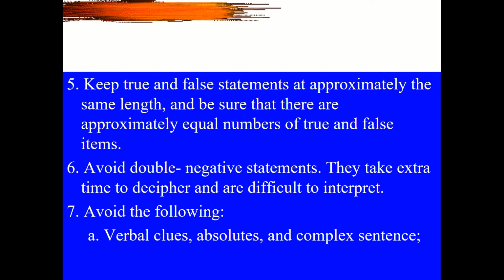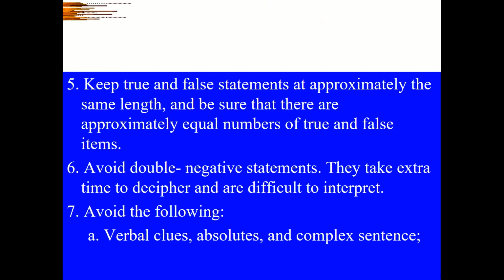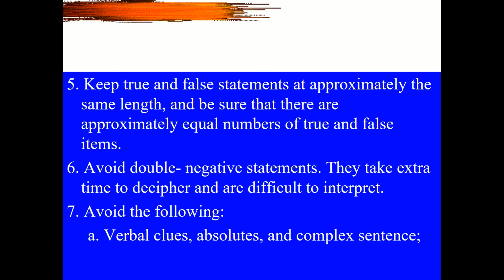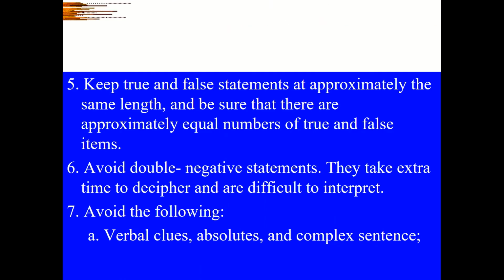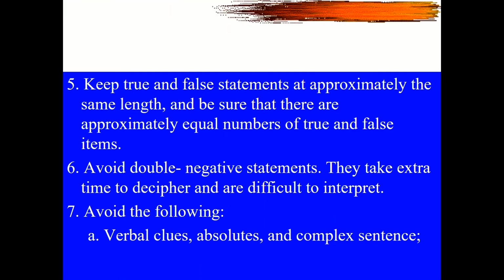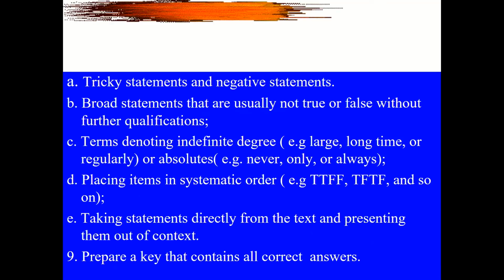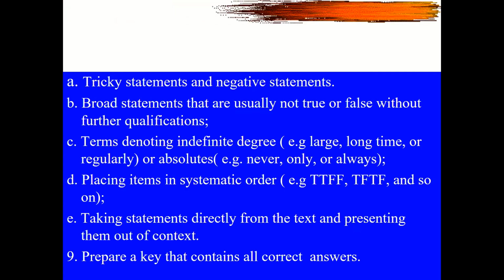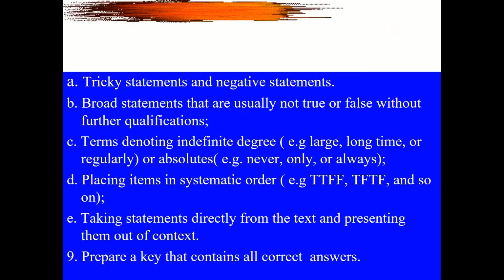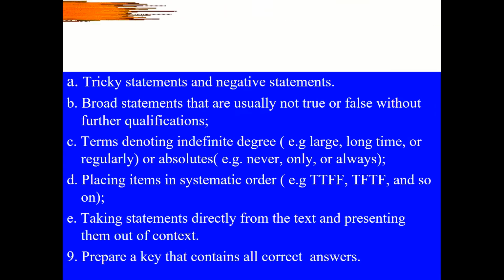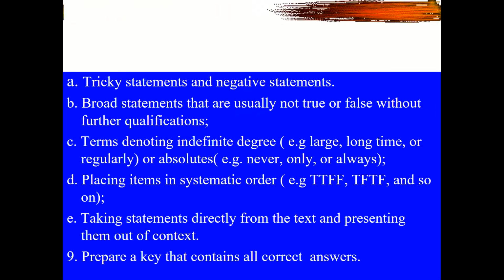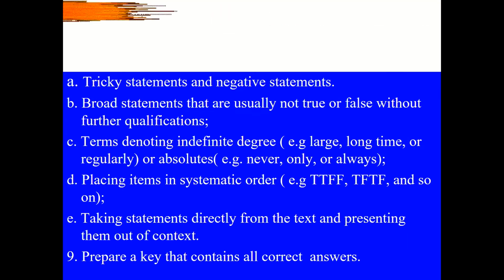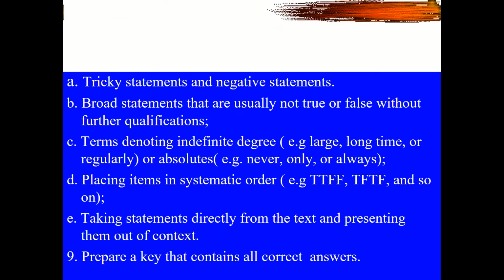Okay, and avoid the use of double negatives. Then avoid also verbal clues, absolutes, and complex sentences. Avoid tricky statements and negative statements. Avoid broad statements that are not usually true or false without further qualification, and terms denoting indefinite degree or absolutes.